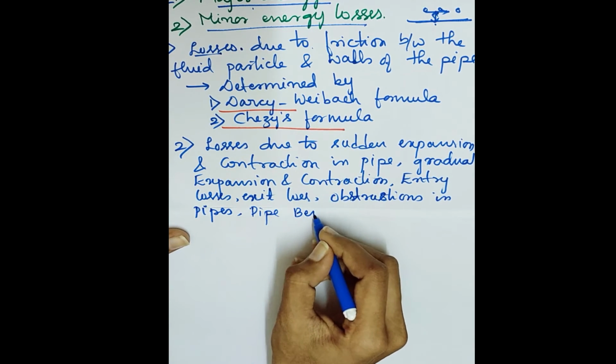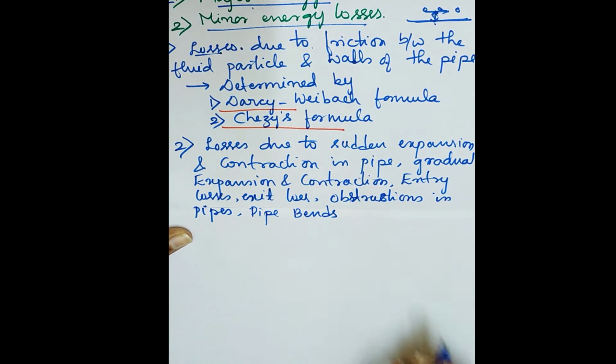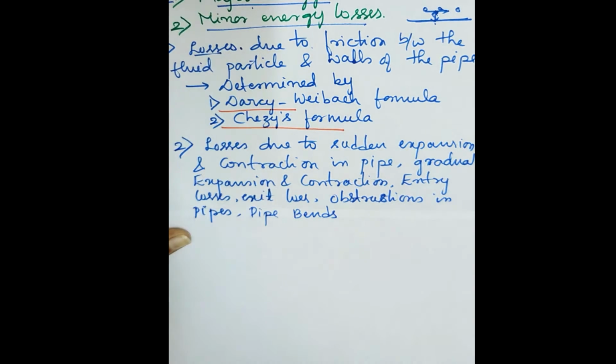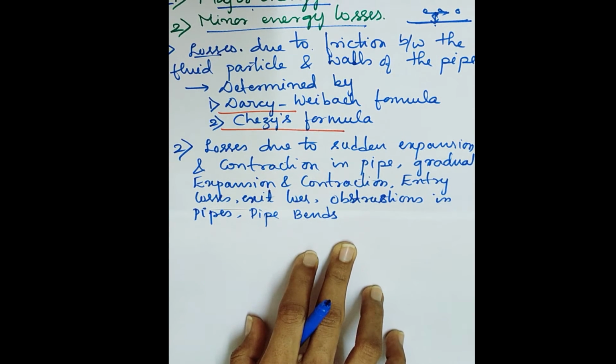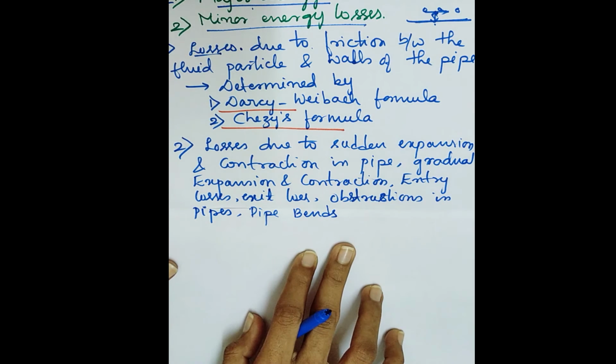The losses which occur due to a bend in the pipe all come under minor energy losses.